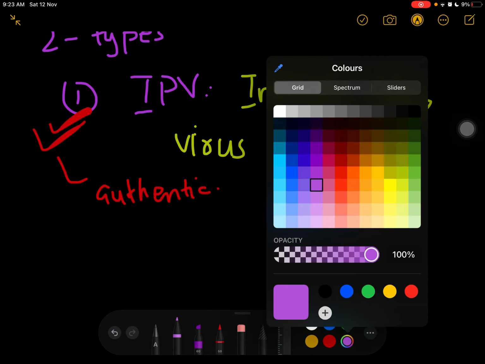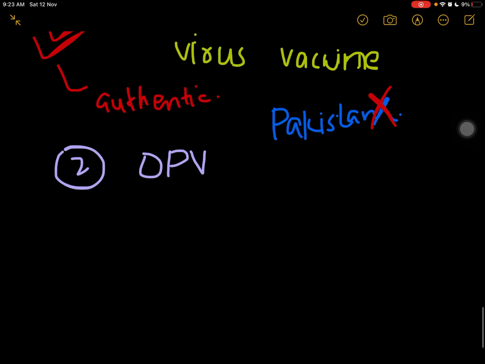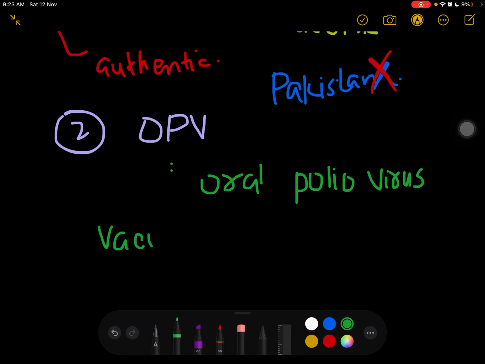And the second one is OPV, which is oral polio virus vaccine. What happens in this is that a weakened virus is introduced.